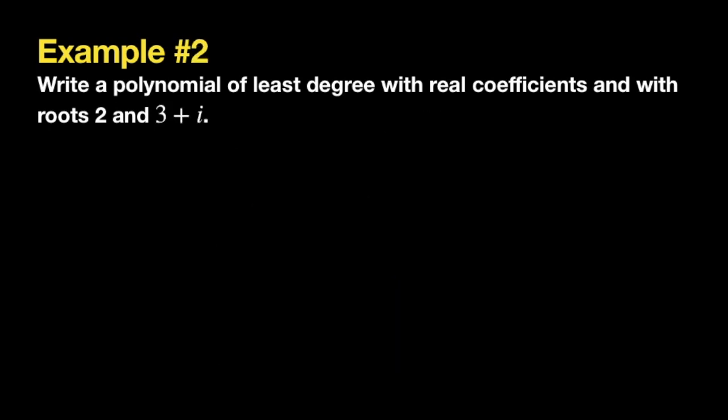For example 2, we actually have an issue because in this case, again, we're going to be looking for the least degree, right? So we're going to be looking for the smallest possible polynomial, but we have a 2 and we also have 3 plus i.